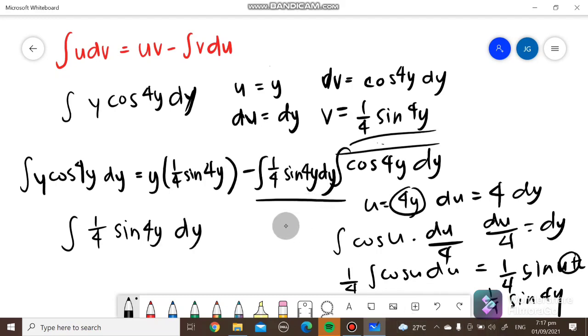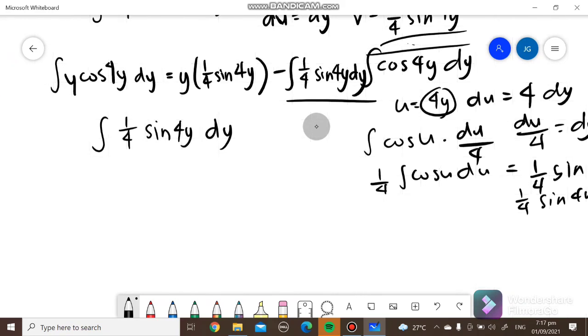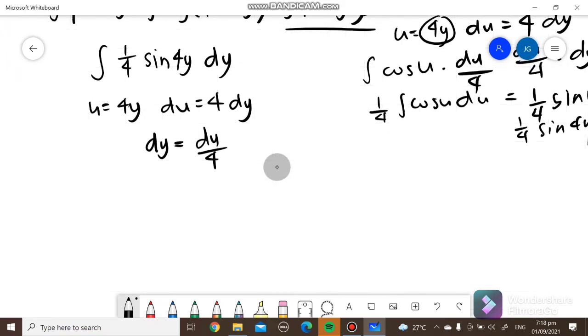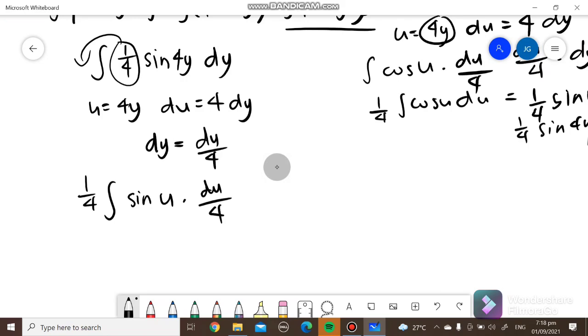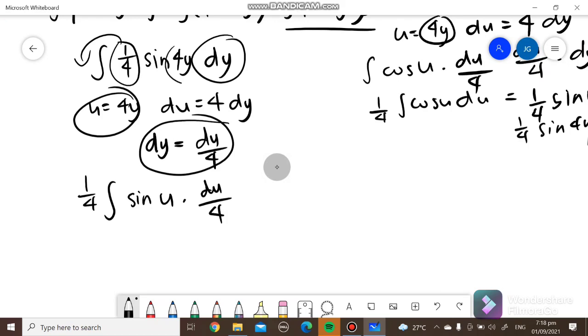Same as what we did in the first part, we set u as 4y, and our du is equal to 4 dy. We need to find the value of dy, so dy is equal to du all over 4. So let's plug in what we know. We have 1/4 here, which we can place outside the integral sign. So we will have 1/4 times the integral of sine u multiplied by du all over 4, because I substituted the value of dy, and I substituted the value of u with this.